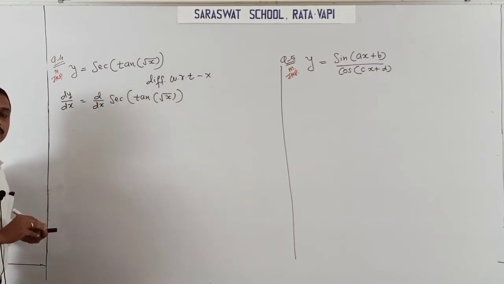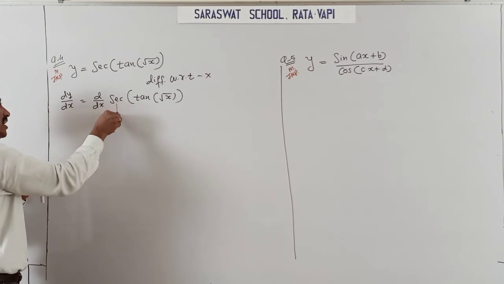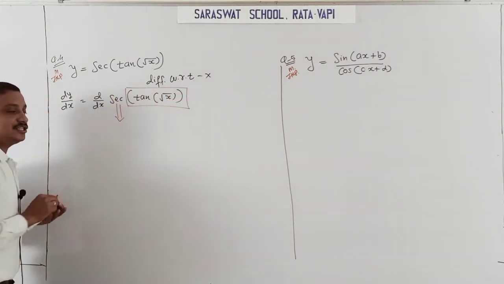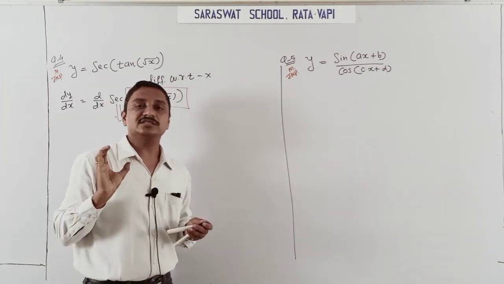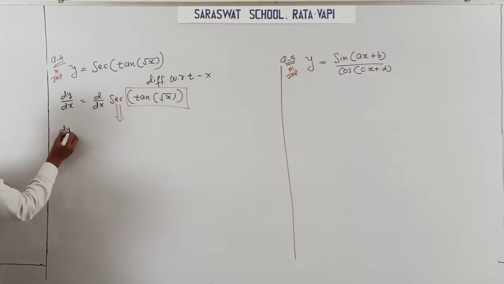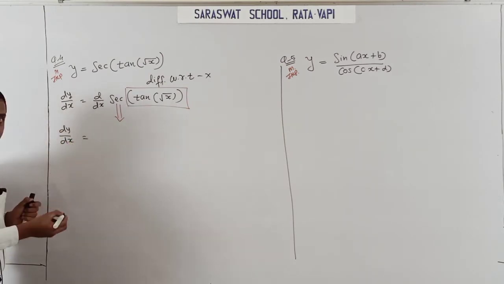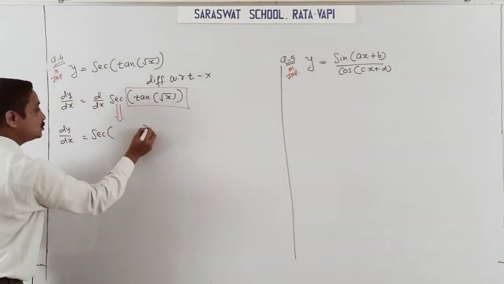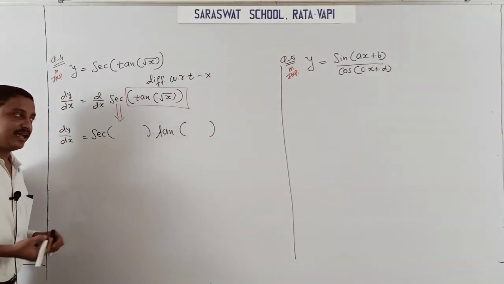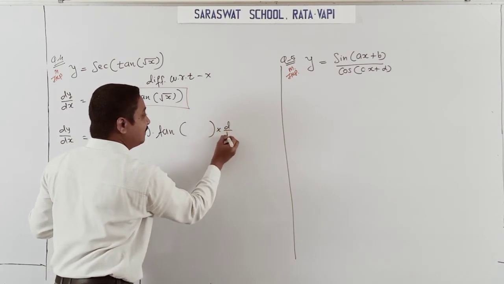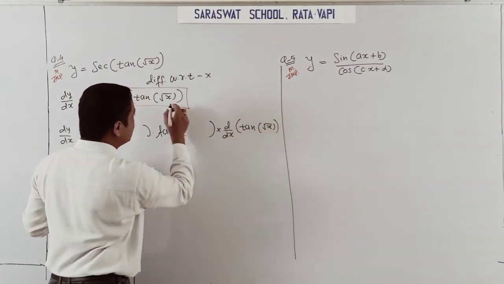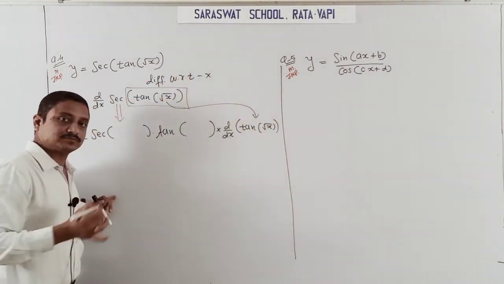Only you just focus on that sec derivative, and here consider it is your one joining function, just like theta. So what is the sec derivative? Yes, sec into tan. These are the derivative of the sec function. And which derivative is pending? It is tan into root x that is pending. These are the pending functions here actually.